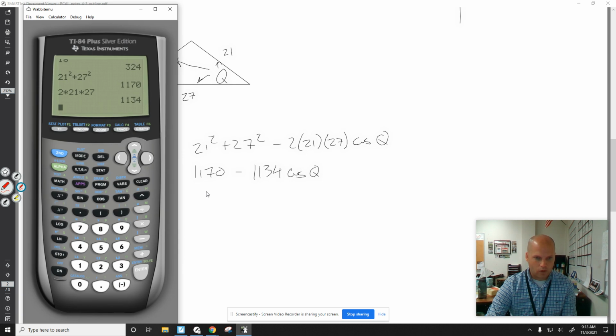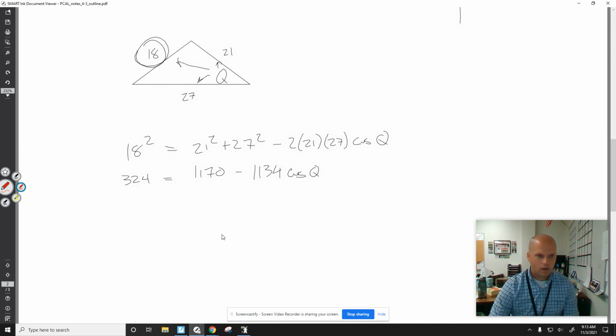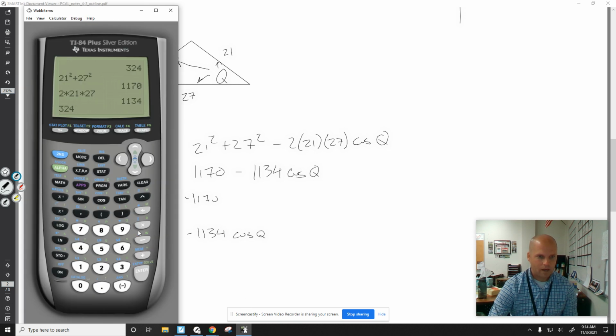Now we solve for cos Q. I'm going to take that 324 and subtract 1,170. I have negative 1,134 cosine Q equals 324 minus 1,170.